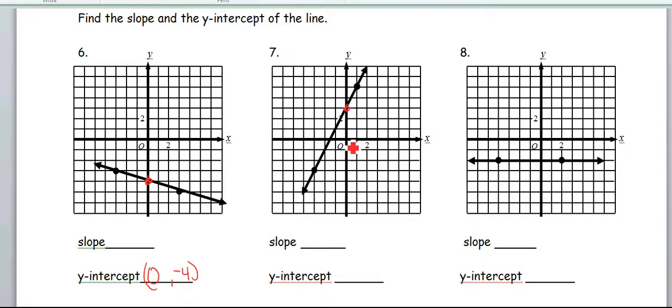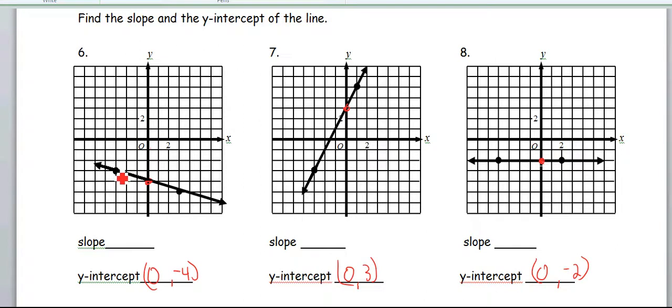It's where x is 0, and then it's 1, 2, positive 3. 0, 3. And then I could come and find this one. This is the easiest one to find, the y-intercept. So it's 0, and then it's negative 2. 0, negative 2. All I have to do is find the point on the y-axis where the graph crosses and name the point.